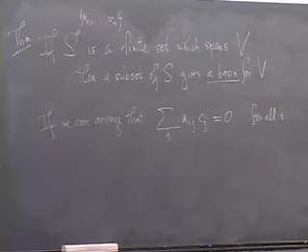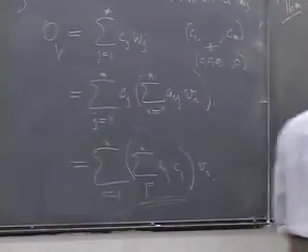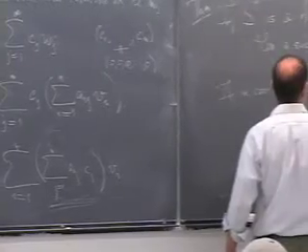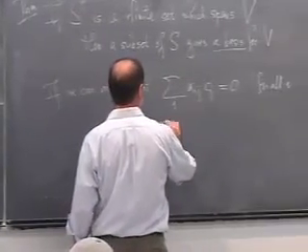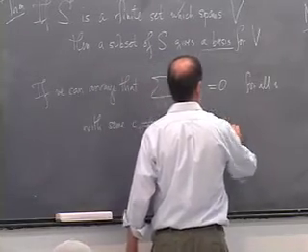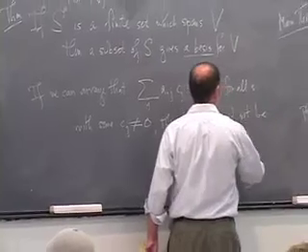If we could arrange this with the Cj not all 0, then the Wj could not be linearly independent.